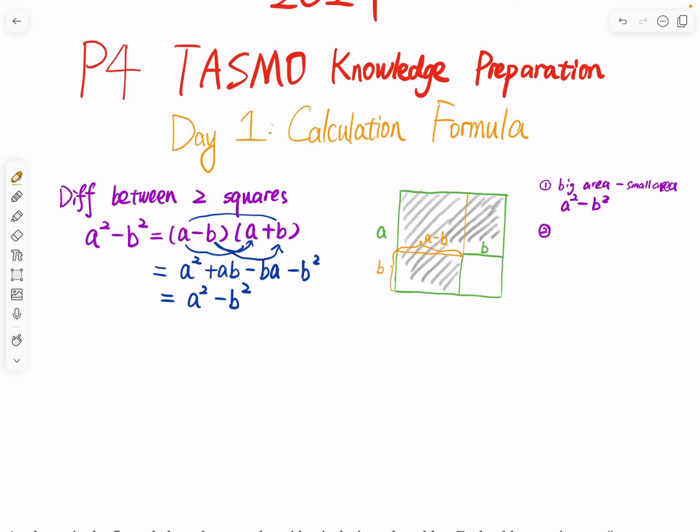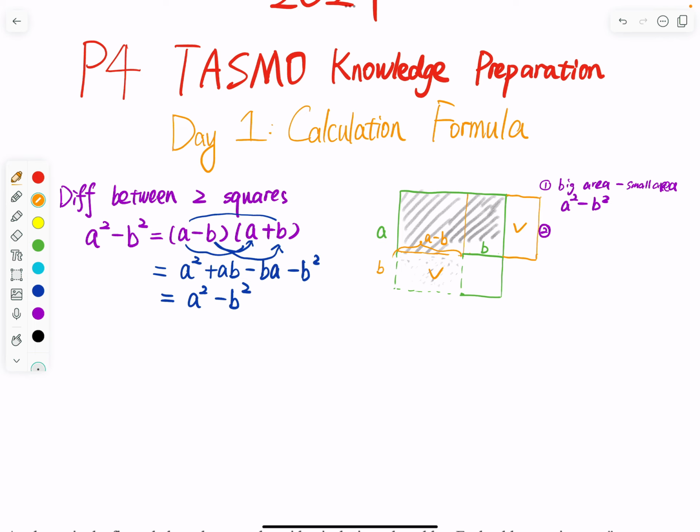If I want to calculate the shaded area, I can just move this small rectangle to the right. On the right part, it will be a new rectangle, and this rectangle is the same as this smaller one. So these two parts are the same.